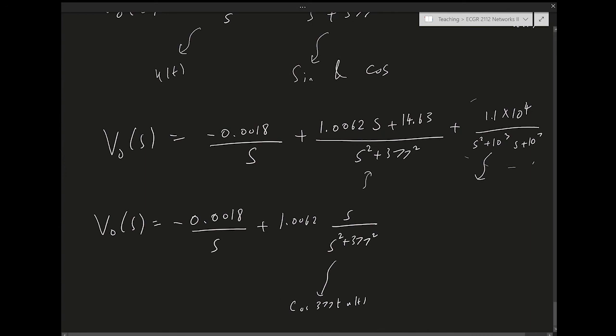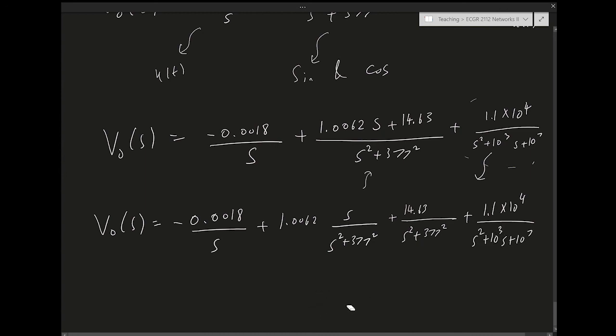Of course, times 1.0662, and then plus 14.63 over s squared plus 377 squared, okay, plus 1.1 times 10 to the power 4 over s squared plus 10 to the power 3 s plus 10 to the power 7.